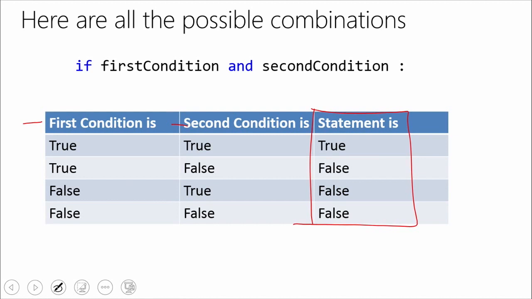Let me highlight this on the screen: you're going to notice false, false, and false. Put simply, to summarize all of this in one sentence: if there's a false anywhere, the answer is false. When you're using an and statement, everything has to be true for it to be true and to execute the code.